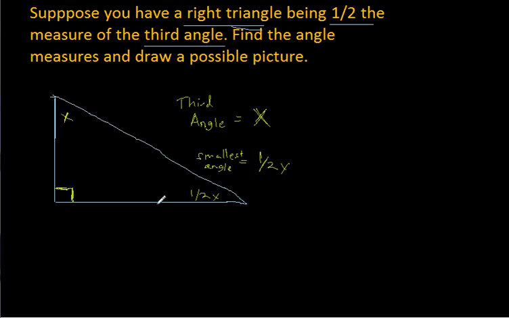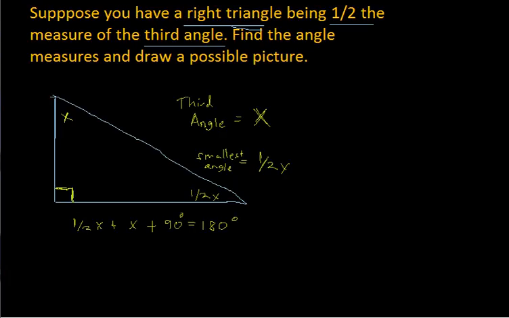But what's the formula? How am I going to write that up? Well, let's do that here. Let's just say, all right, well, half of x plus x plus 90 equals 180 degrees. Cool. I can write degrees over here as well.